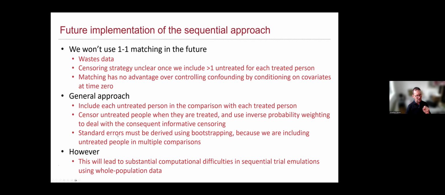Standard errors have to be derived using bootstrapping because we're including untreated people in multiple treatment comparisons while they remain untreated. The extent to which it's feasible to implement this approach in whole population data remains unclear because of the size of the data sets when you include untreated people in multiple treatment comparisons.